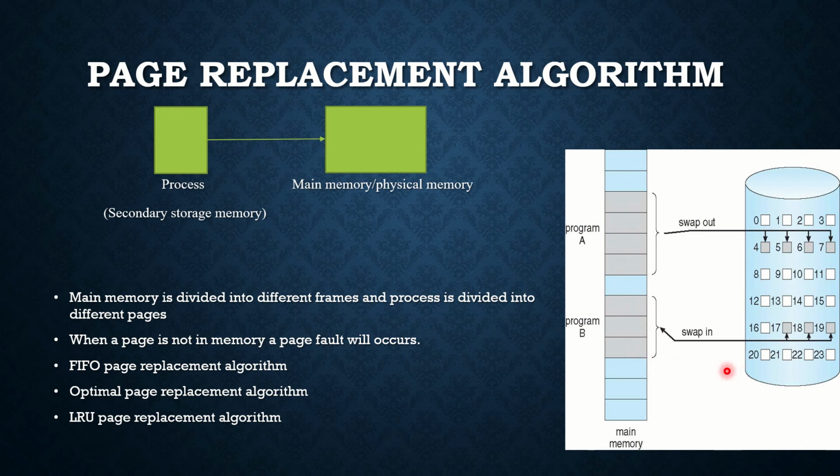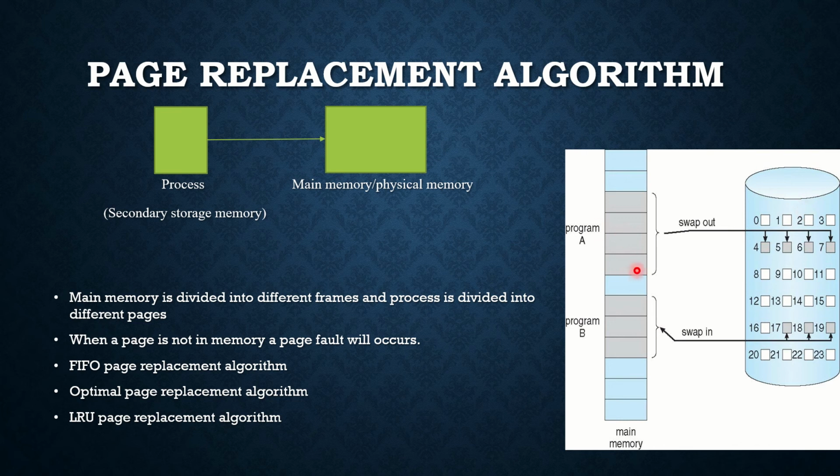At that time, what you have to do is use some page replacement algorithm, and you have to free some frames by swapping out those page contents back to the secondary storage device.